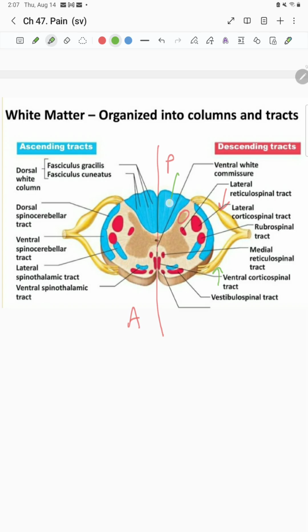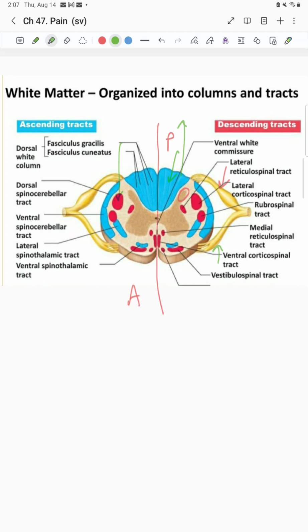The blue represents the sensory tracts, which means they are ascending, and the red represents the descending tracts or motor tracts. And here's the famous anterolateral system, which is responsible for the ascending pain and temperature transmission.